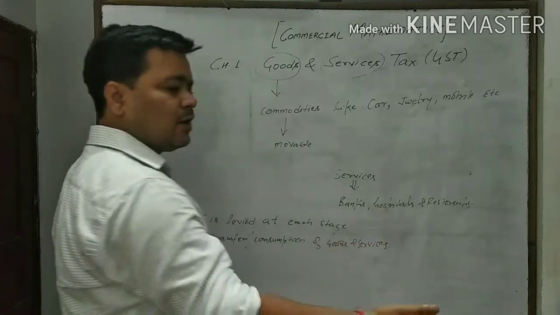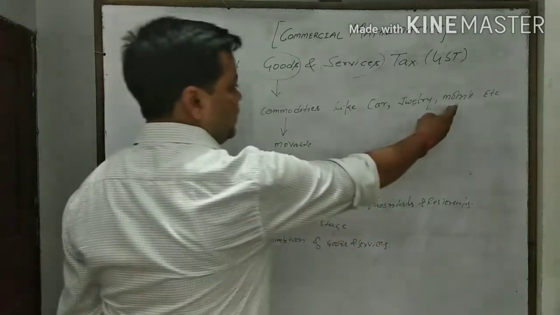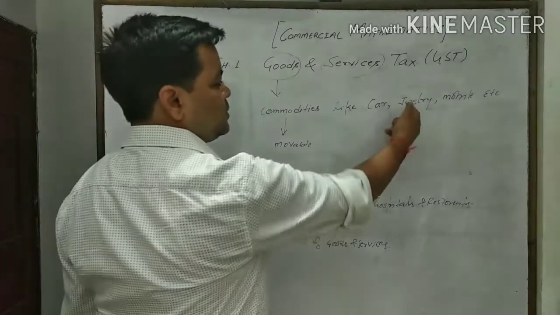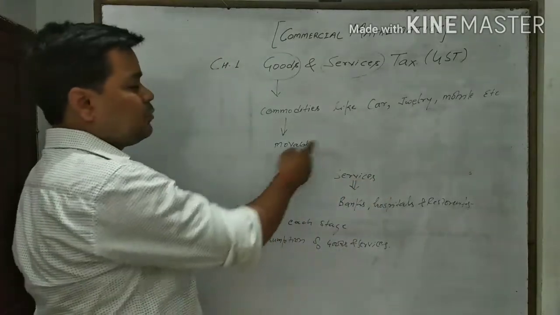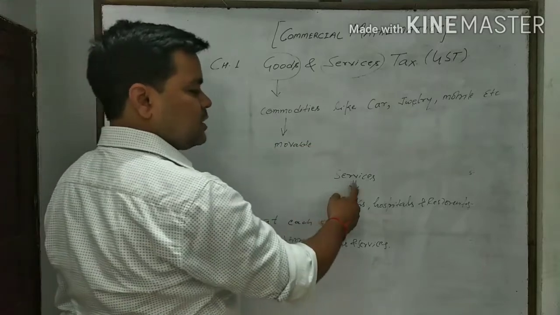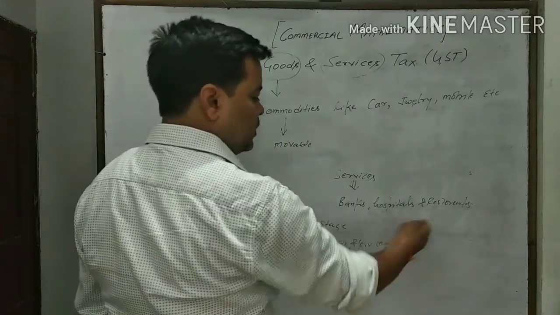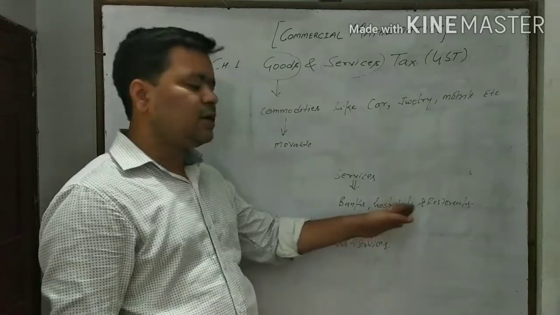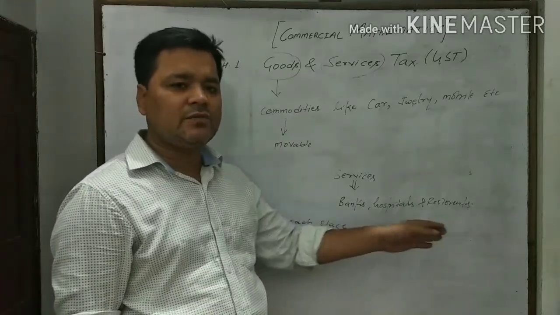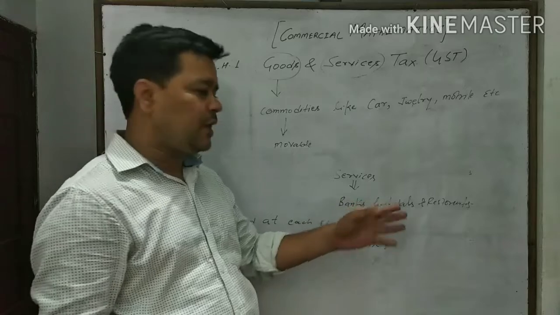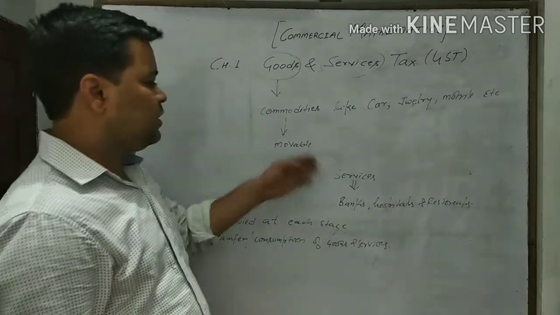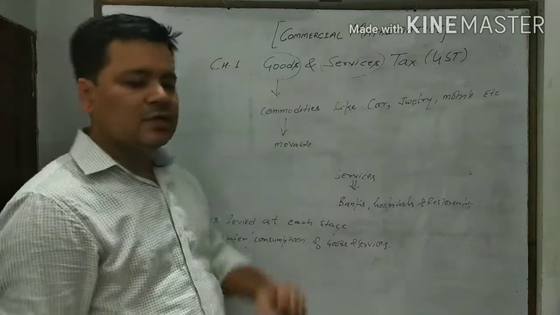We cannot take this service to our home, but we can take a mobile, a car, or jewelry to our home. Therefore they are movable, but services are not movable. From restaurants, hospitals, and banks we get different services, but we cannot bring those services to our home. This is the difference between goods and services.